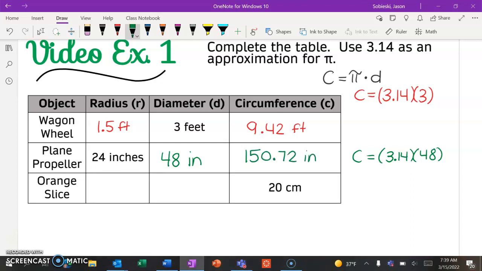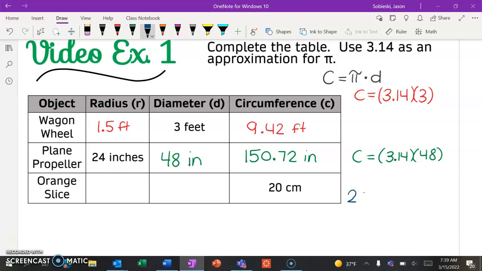All right, for our last one, we have to work a little bit backwards because they don't give us radius or diameter. They actually give us circumference, which we're going to start with. So we're going to go back to our circumference formula like we have been doing, but instead of plugging in for the diameter, we're putting 20 in for the circumference.